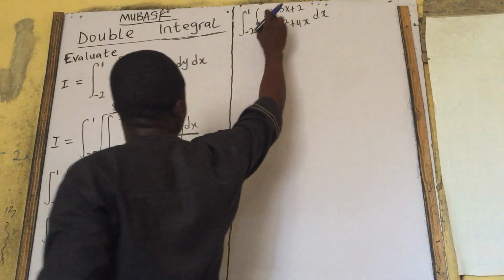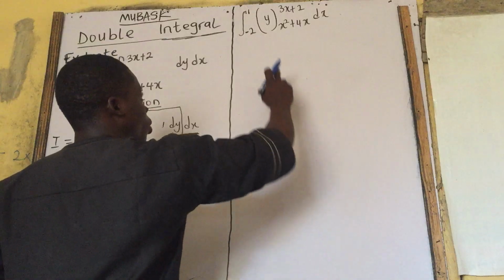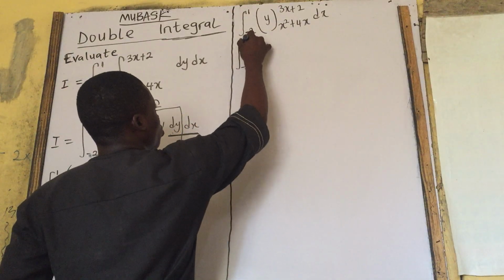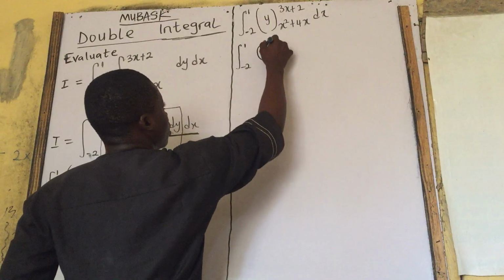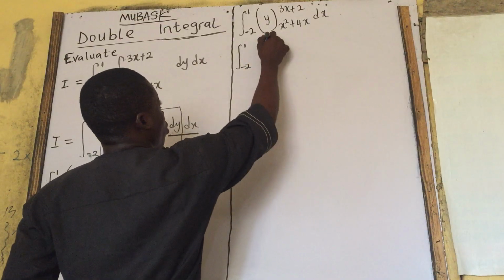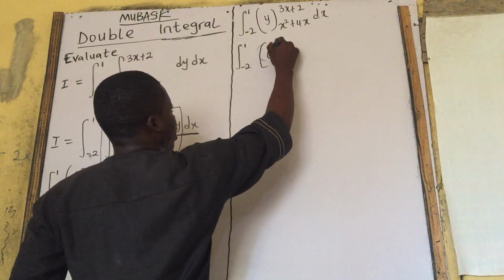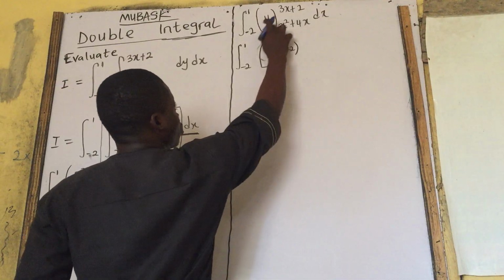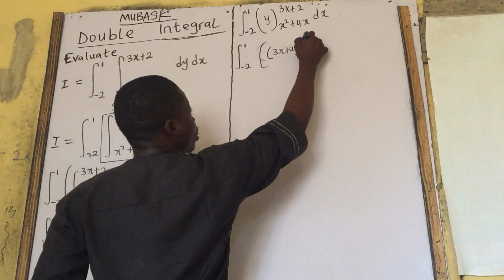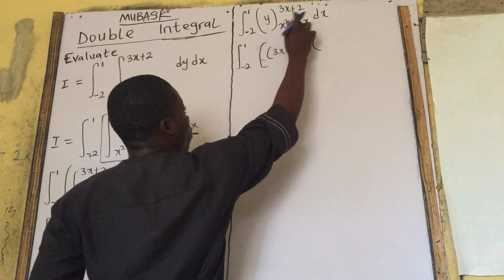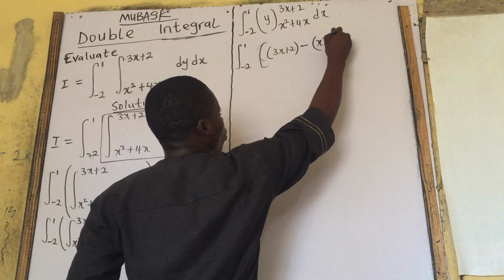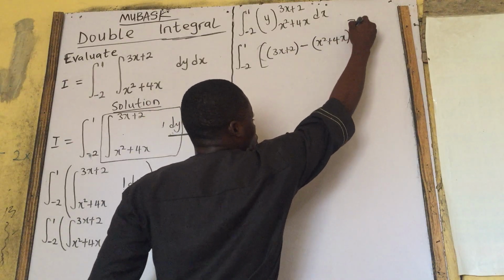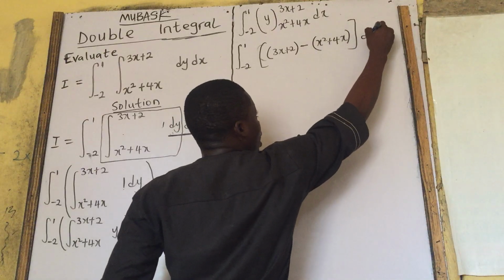Let us start from the upper limit first. This is your 3x plus 2. Integral from minus 2 to 1, open bracket, 3x plus 2, close bracket. You have substituted the upper one. The lower one is minus, open bracket, x squared plus 4x, close bracket, dx.